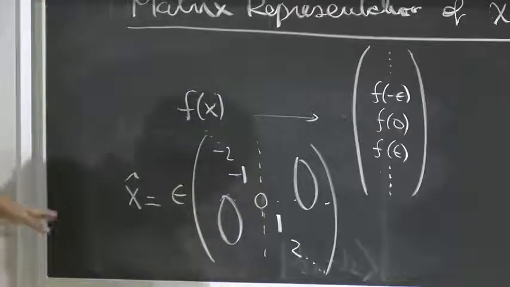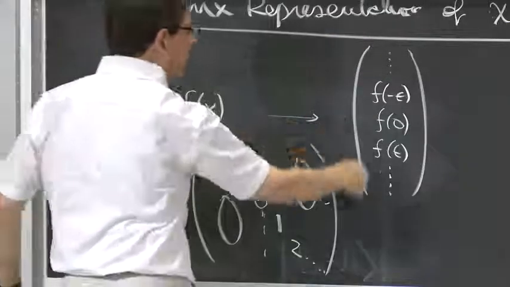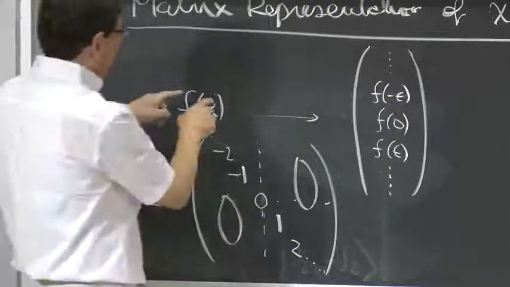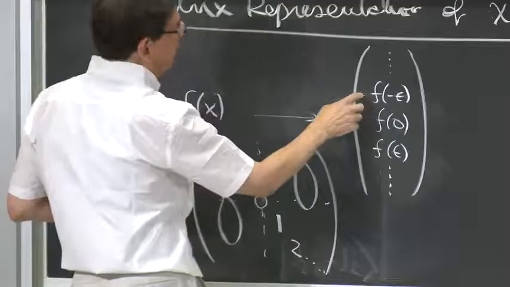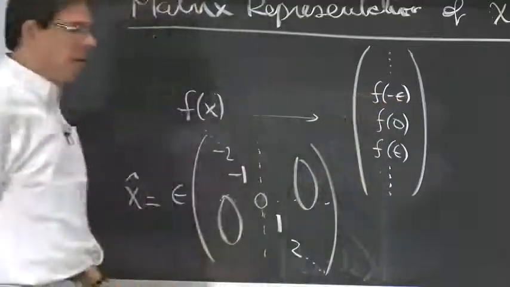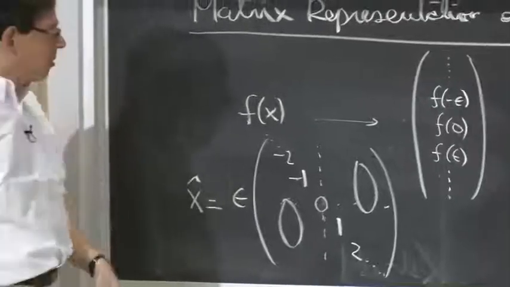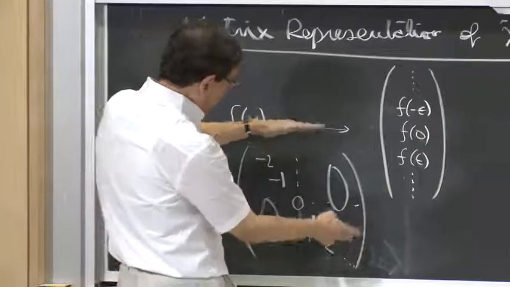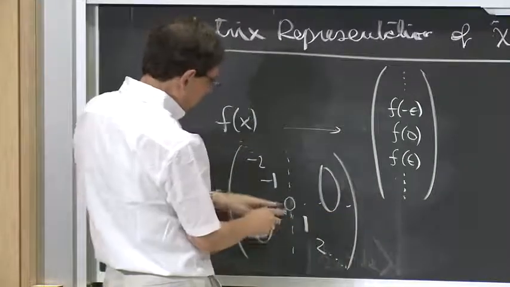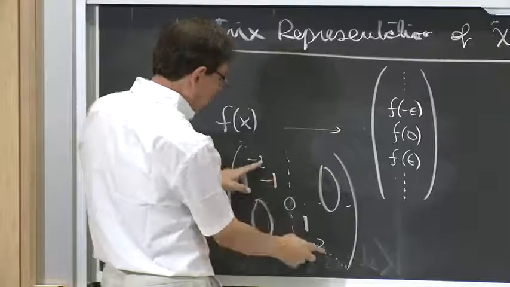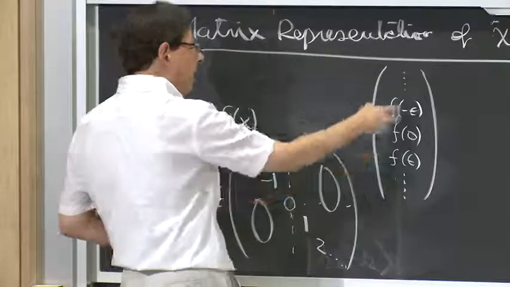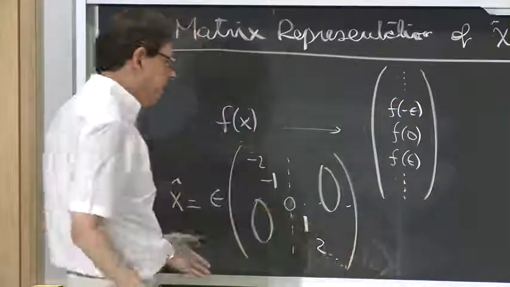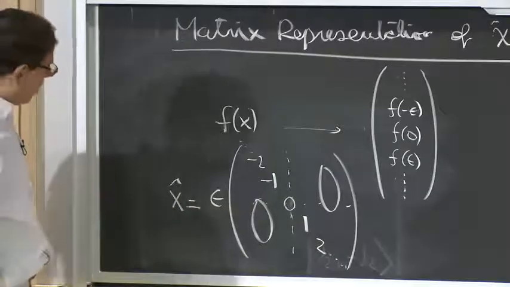So this matrix, as it acts on this column vector, will multiply the function by the value of x at which the function is evaluated. And if you were doing this in a computer, this would work very well, in that if you represent your matrices by, say, 5 by 5, so you have this element in the center and 2 more rows and 2 more rows, here you would have 5 entries, so you go from minus 2 epsilon to plus 2 epsilon. You could multiply and everything would go well.